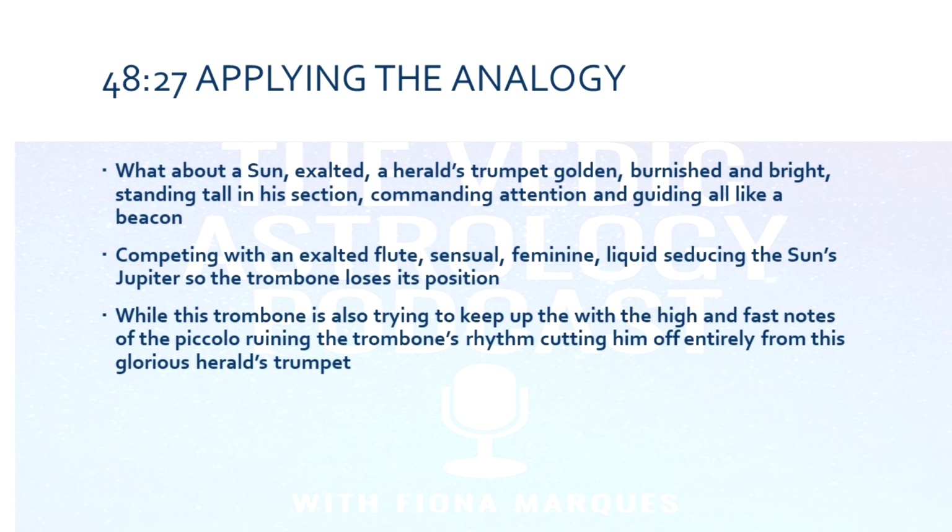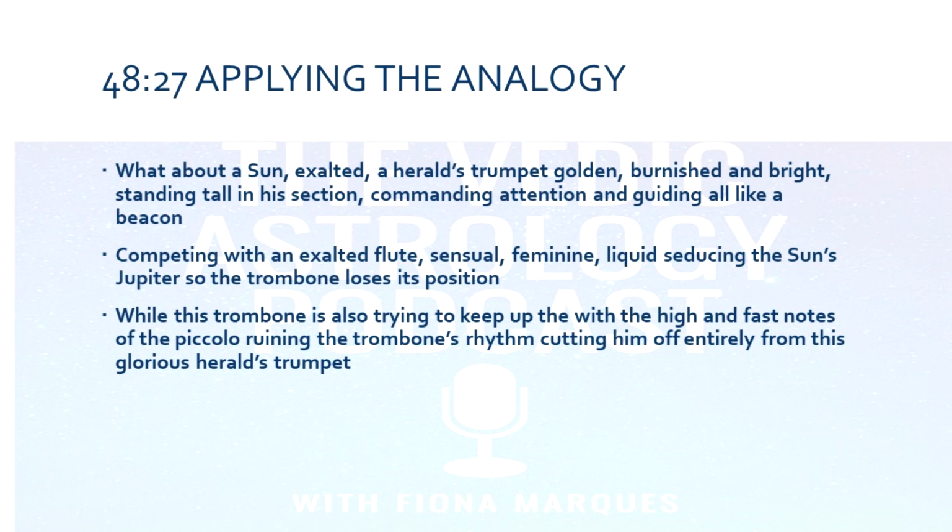The Sun's Jupiter, the Sun is near those French horns, but the flute is just managing to seduce this French horn, so it keeps losing its timing. It's not focusing on the herald anymore. It's watching this beautiful flute in its sensual moment and trying to support it, delighting it with whatever the French horn can do for that exalted flute.